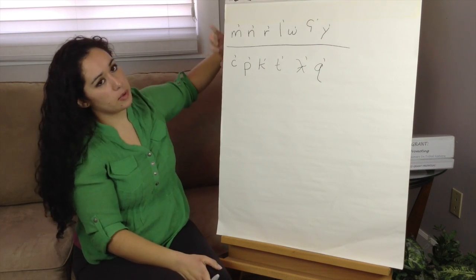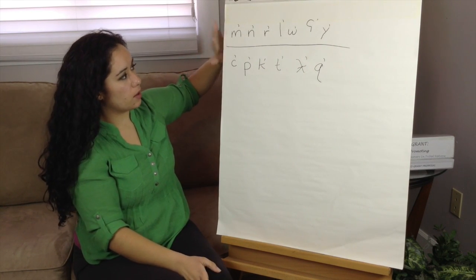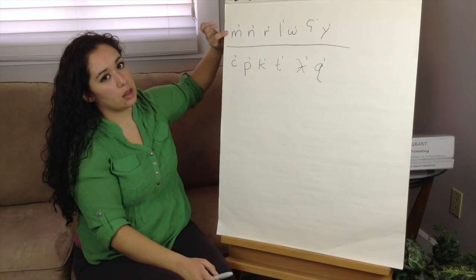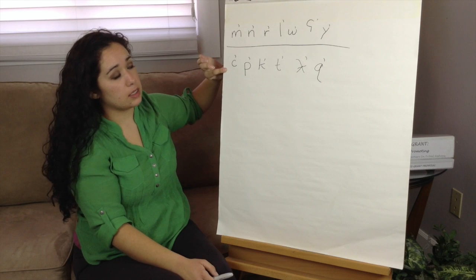So these are, I'm pretty sure, all the consonants that the glottals go on, and the glottal does something different for these and for these.